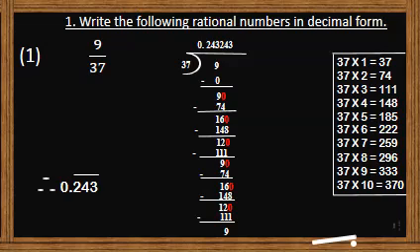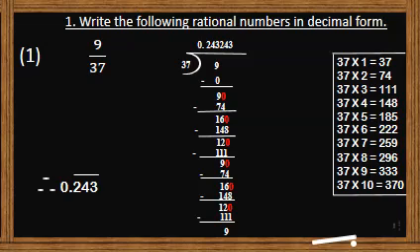To prove this, let's start dividing. Before dividing 9 we put 0 after 9, so the number becomes 90. As we solved before, 90 doesn't come in the table of 37, so we take 37 twos are 74. By subtracting 90 minus 74, we get 16. After 16 we add one more 0, the number becomes 160.